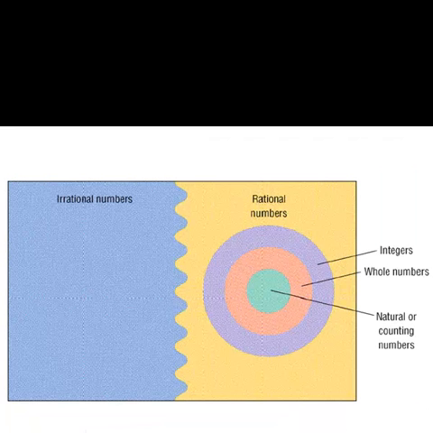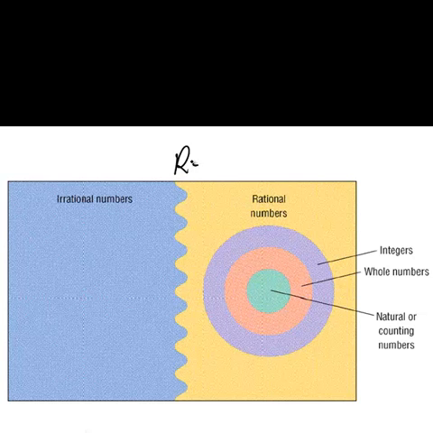So here's another way of depicting the real numbers. Over here on the left, we've got the irrational numbers, and then over here on the right, we have the rational numbers. Within the set of rational numbers, we've got the integers, the whole numbers, the natural or the counting numbers, right here in the middle.